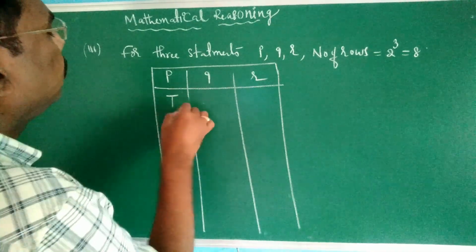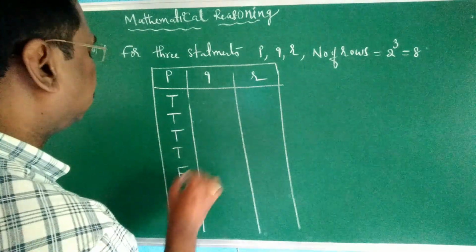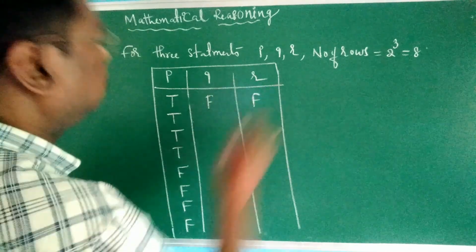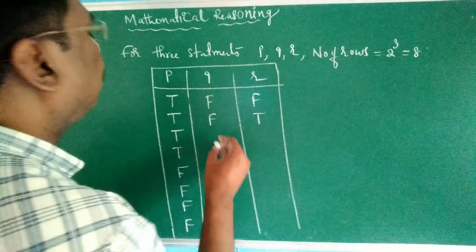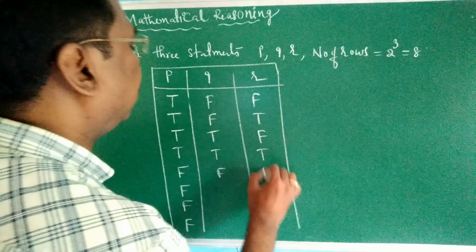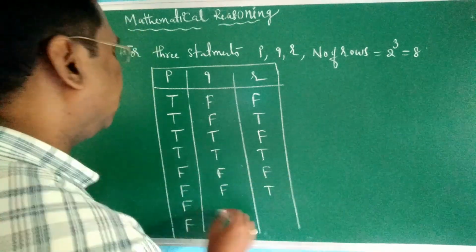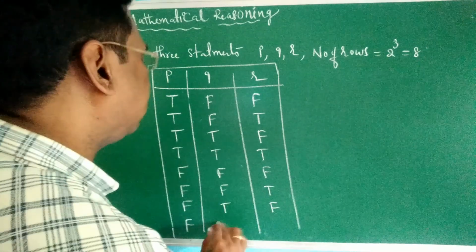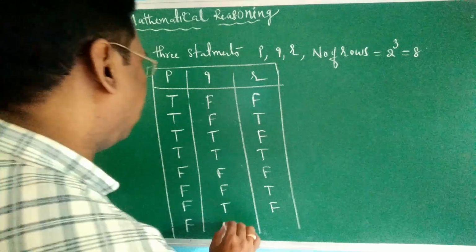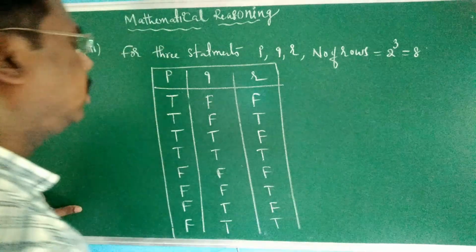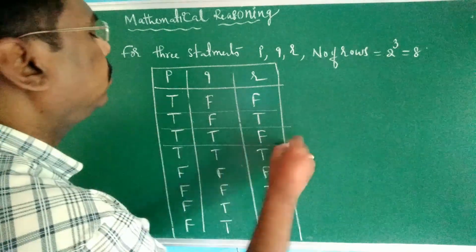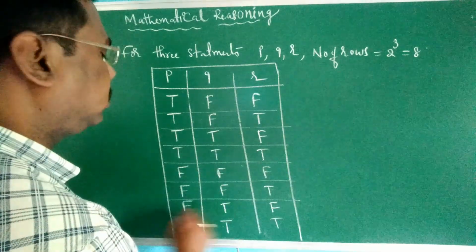Now the truth values: true, false, true, false, true, true, false, true, false, true, false, true, false, true. Here the number of rows is 1, 2, 3, 4, 5, 6, 7, 8.